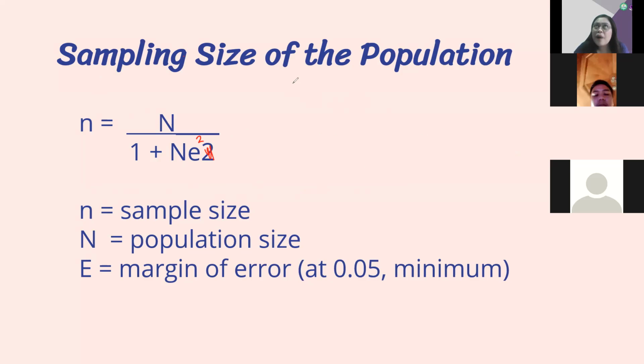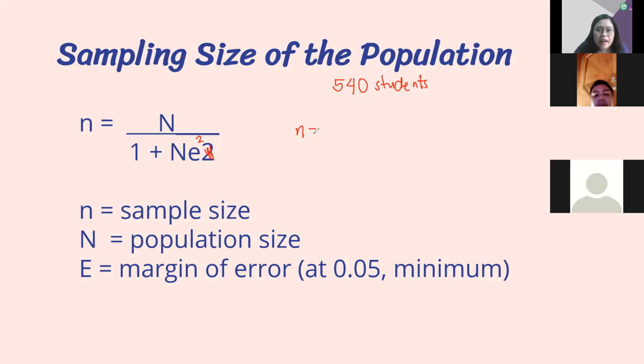For example, you want to study the medtech department. And this is just an example: you want the population to be all the medtech students. But since we don't do population testing, then we will compute for the sample. Now, for example, there are 540 students all in all in the medtech program.